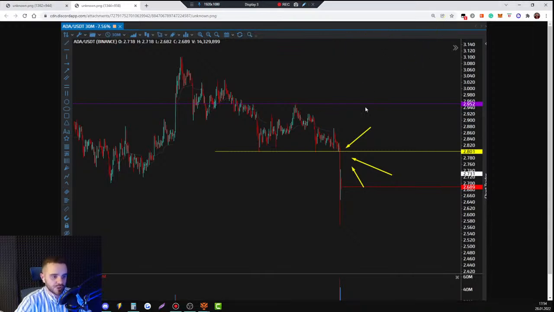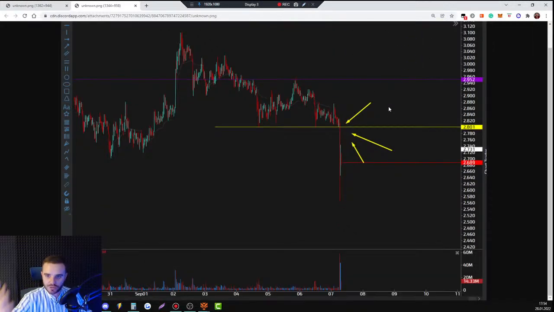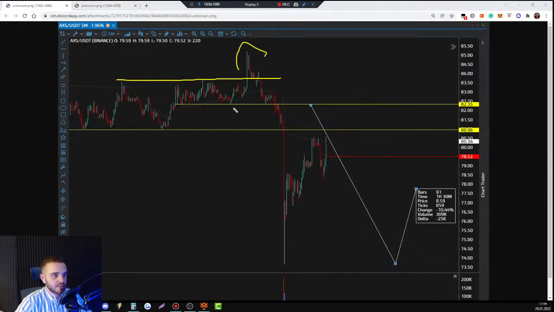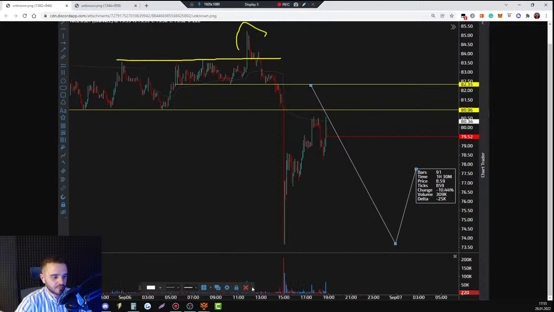That's why on futures they can open long and short trades. Do you see this stop loss hunt, this tail up before this drop? Or take a look at Axis: this pump, volume increase, this range break up, volume increase, and after that a drop.